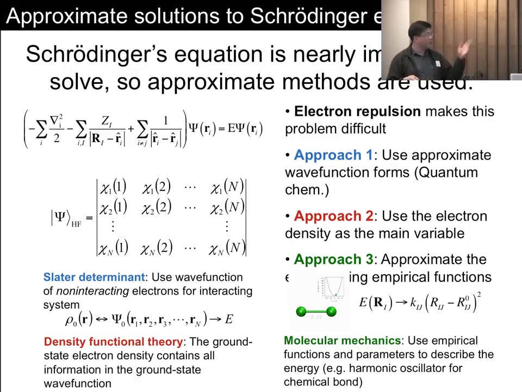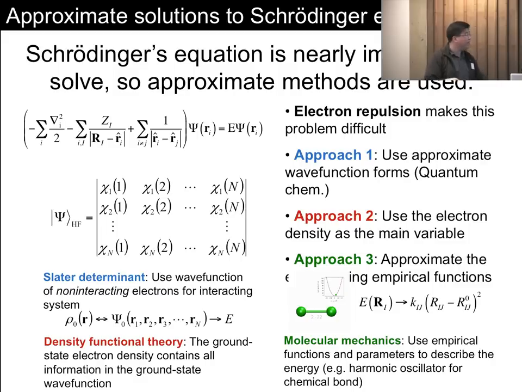So the first approach is to use approximate wave function forms, and that's called quantum chemistry. This is one such approximate wave function called a Slater determinant, and it contains a bunch of adjustable constants, so it's like an ansatz, or an educated guess for the functional form of our wave function. By using this approximate wave function form, we get an approximate solution to the Schrödinger equation.